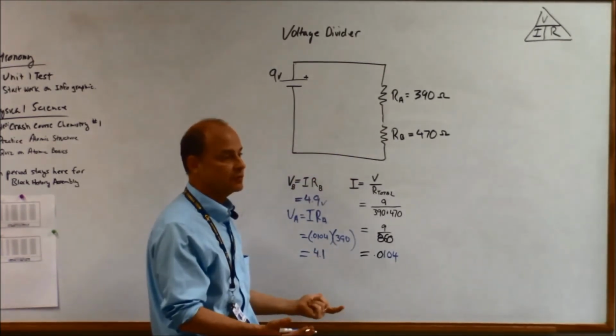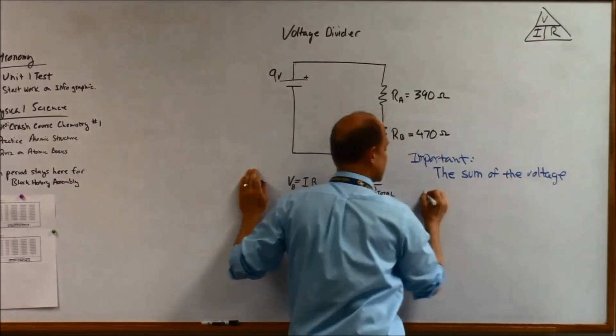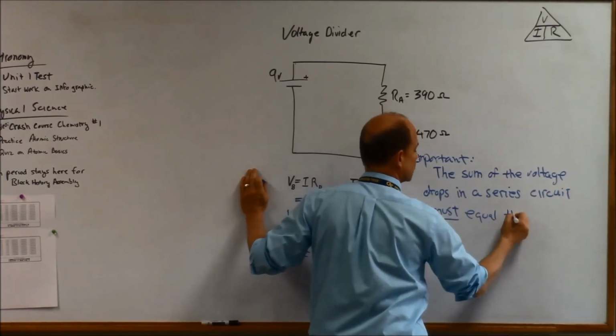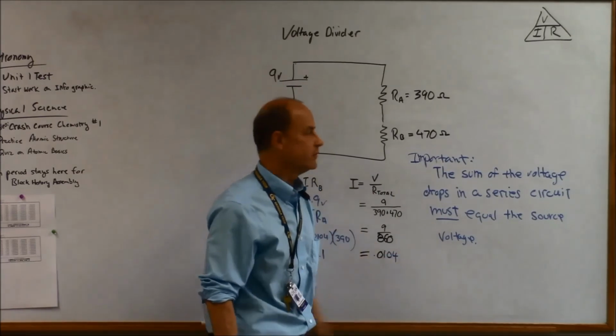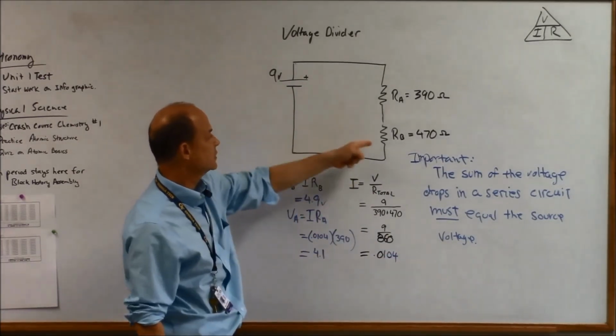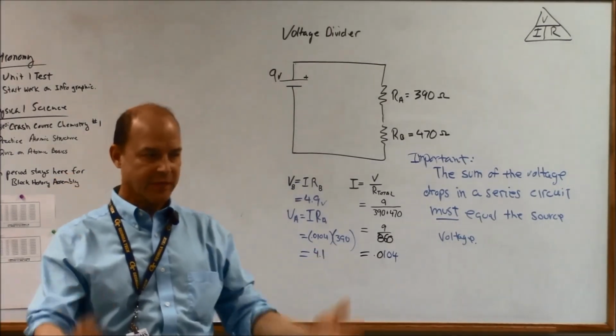That has to be. In this case, the battery voltage, 9 volts. 4.9 and 4.1, the voltage drops, sum up to be 9 volts. That's what I wanted to say.